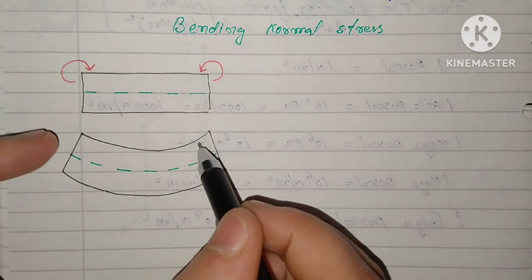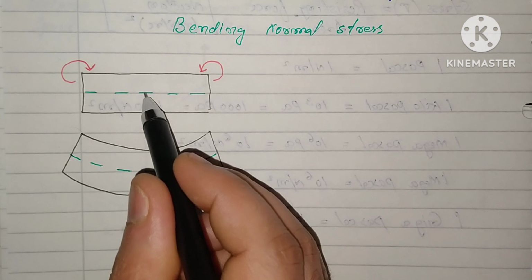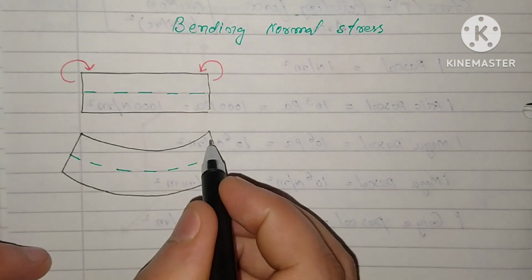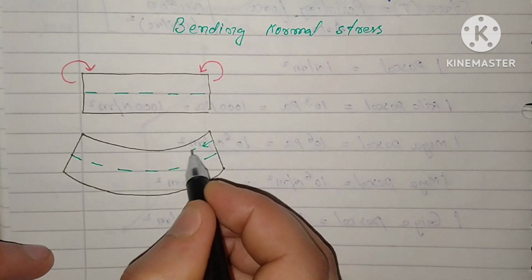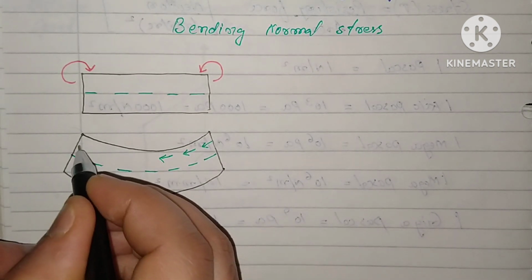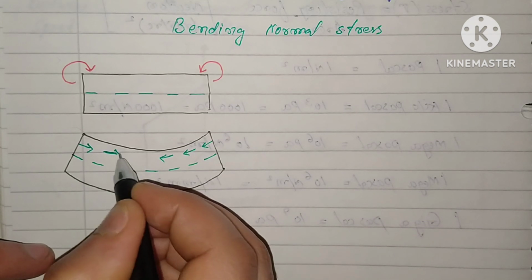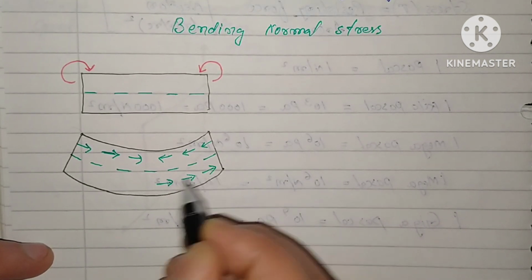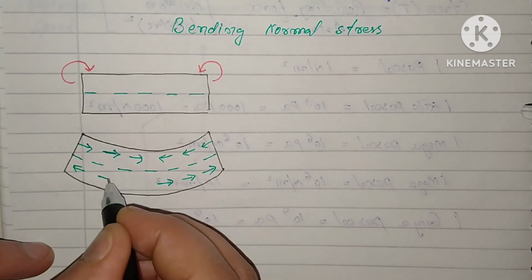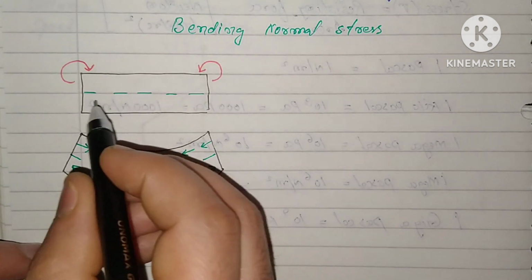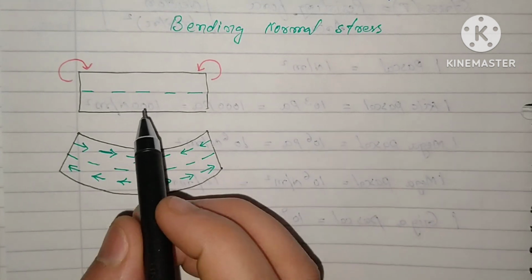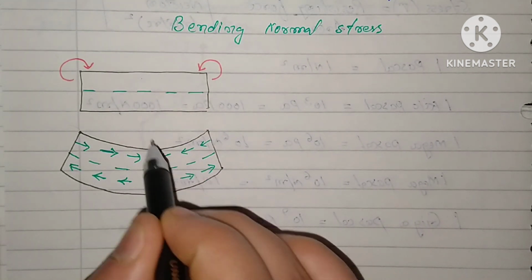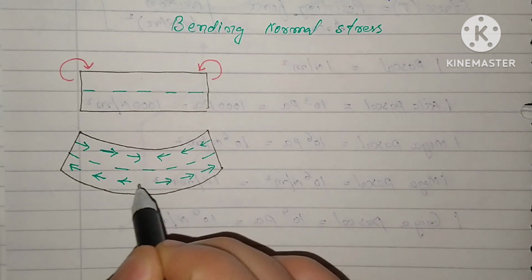Here it compresses, and the portion which is below the centroidal axis is subject to tension, because here it expands. And this is called the neutral axis. The material above the neutral axis is subject to compression, and the material below the neutral axis is subject to tension.